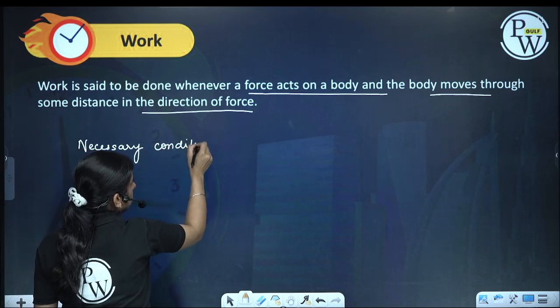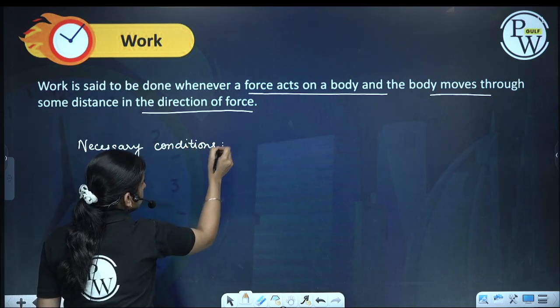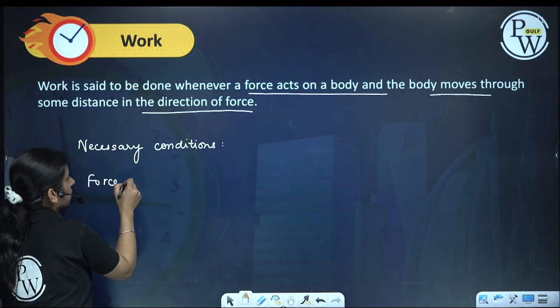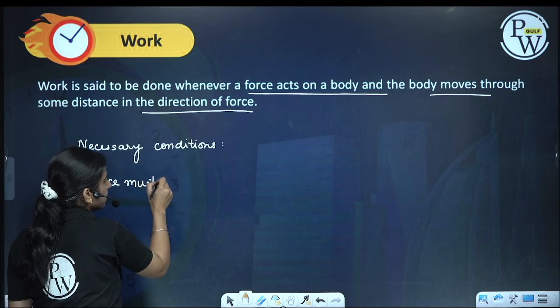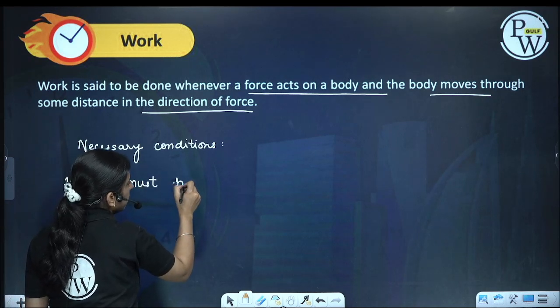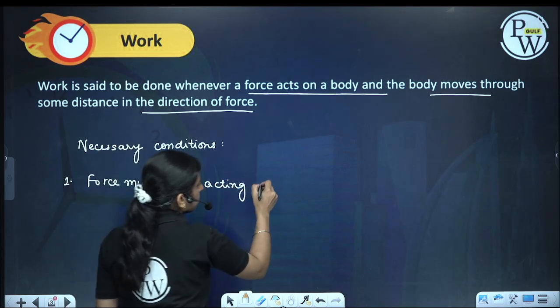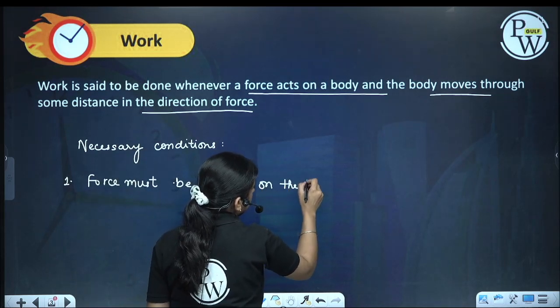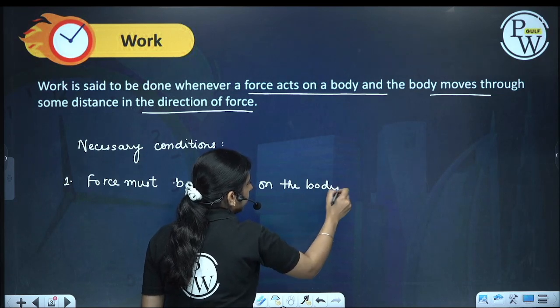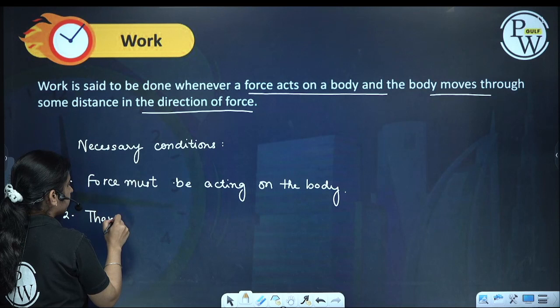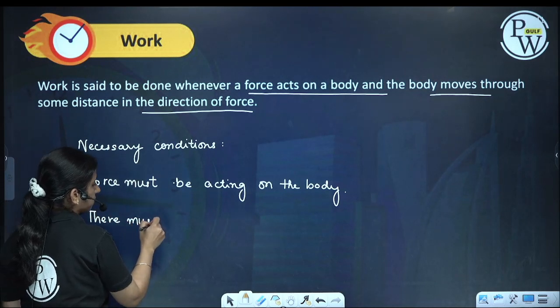for work. These will be: number one, force must act. Work will be done by some force. Force must be acting on the body, and next there must be a displacement in the direction of applied force.